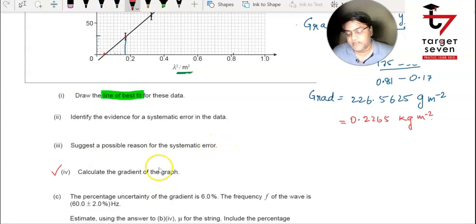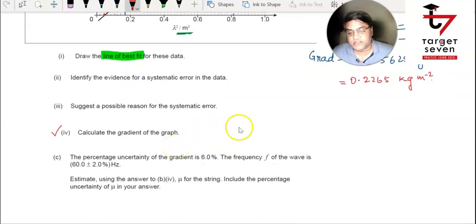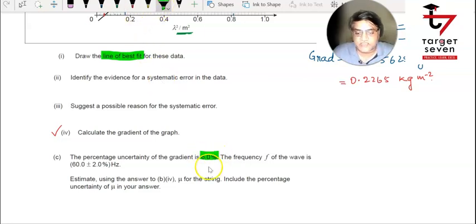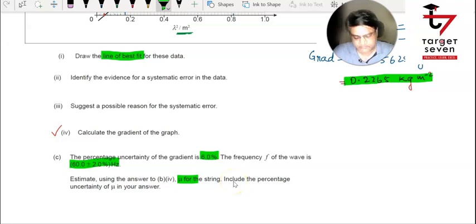All right. It goes on to say the percentage uncertainty of the gradient is 6%. All right, 6% is the uncertainty in the gradient. Frequency f of the wave is this much. Remember, he mentioned that the frequency is a fixed frequency. All right, estimate using the answer to B4. B4 is in fact the gradient itself, so we will have to make use of this particular value to determine the mu for the string.